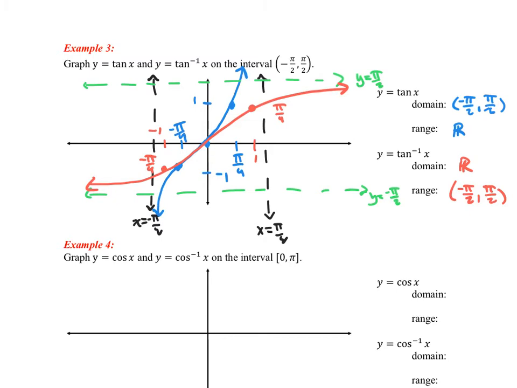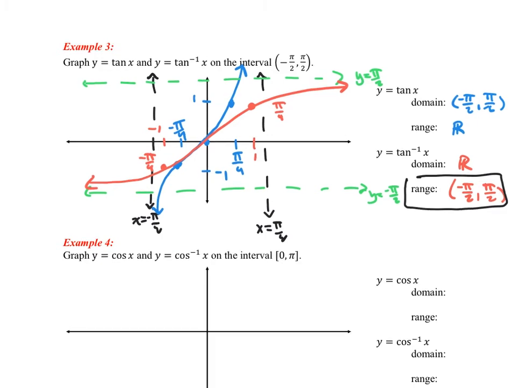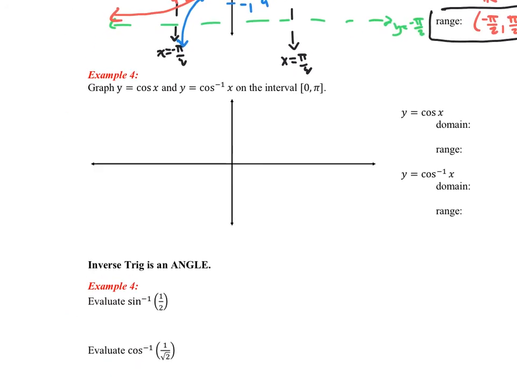So remember this, again, when we're dealing with inverse tangent, we should get outputs between negative pi over 2 and pi over 2. Okay, let's look at inverse cosine. Okay, so the natural restriction that we put on inverse cosine is from 0 to pi. And the reason for that is because it passes the horizontal line test.